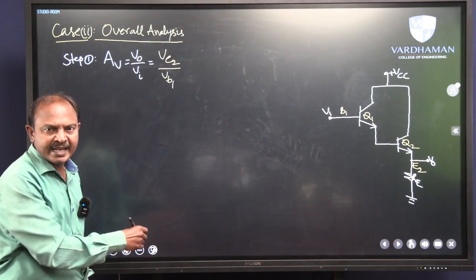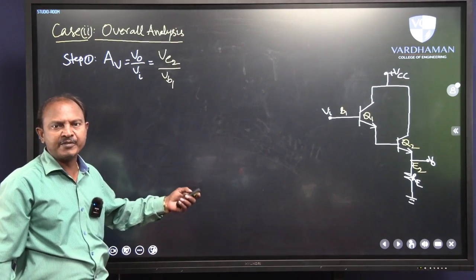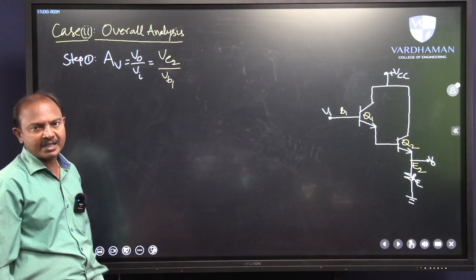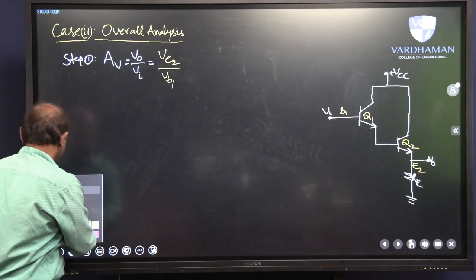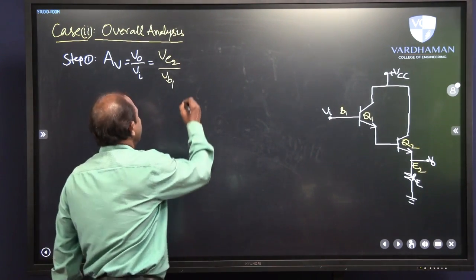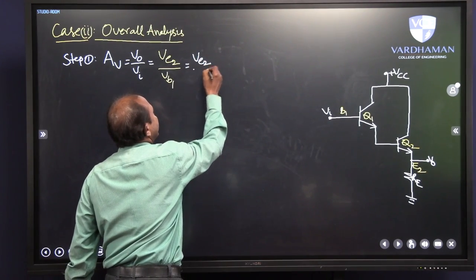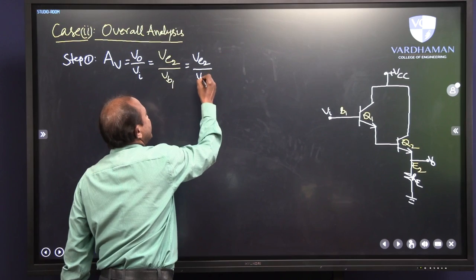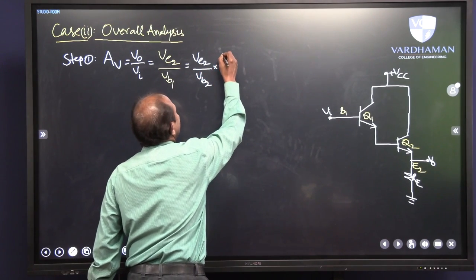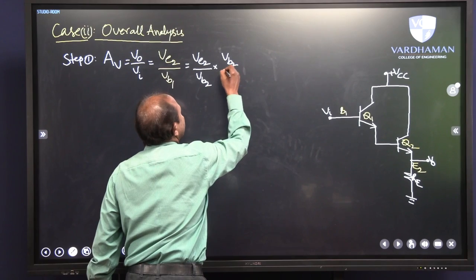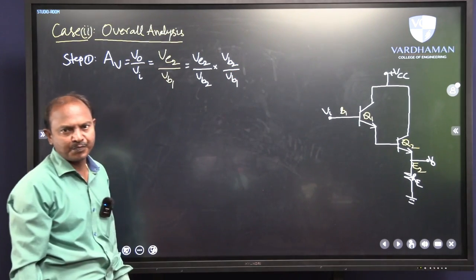But if you look into the analysis we have completed in case of second stage and first stage, we don't have any formula for VE2 by VB1. That's why for time being, I will rewrite this equation as VE2, I will divide and multiply with VB2. So VE2 by VB2 into VB2 by VB1. Just for mathematical convenience, I wrote like this.